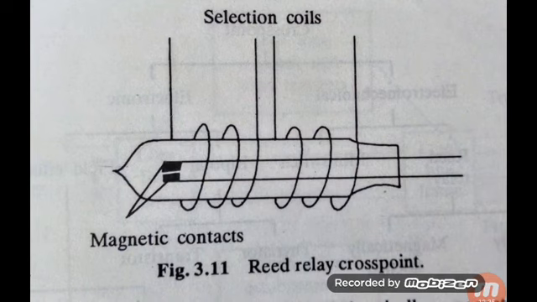A crosspoint matrix is constructed by placing one reed relay at each crosspoint.